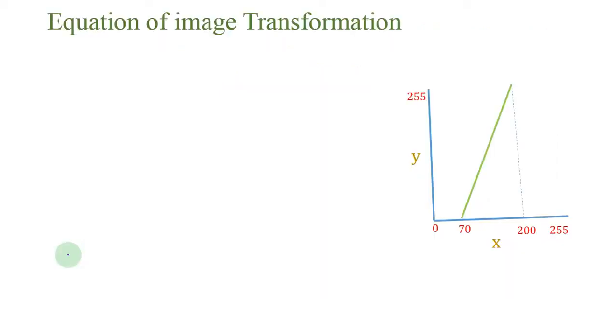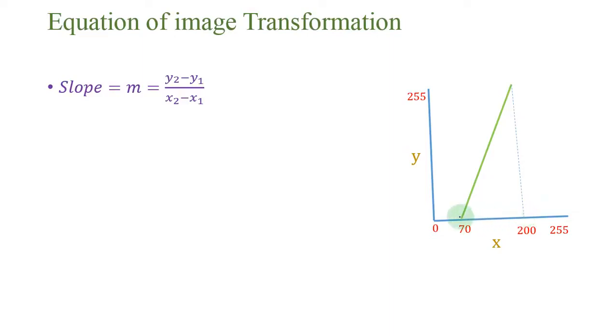So the equation of image transformation: slope m is equal to y2 minus y1 divided by x2 minus x1. For example, x1 is 70 and x2 is 200.